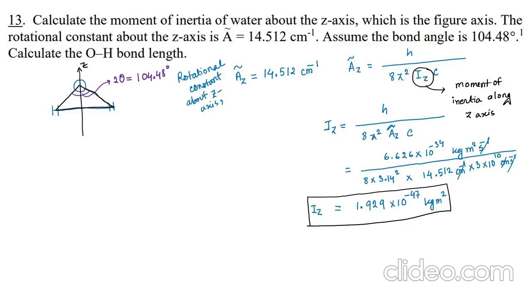Then it is sitting on z, so it will not contribute to the rotational moment of inertia along z. But the hydrogen atoms, which are not on the z axis, will each contribute the same.